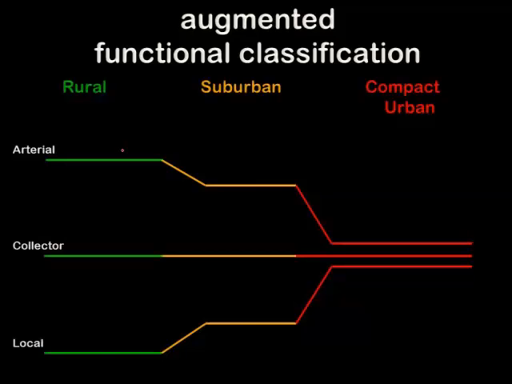And when you get into compact urban, like you see around City Place, if we were 5 years from now and completely successful, the look and feel of those individual thoroughfare types of arterial, collector, and local would not look very much different from each other in the urban setting.